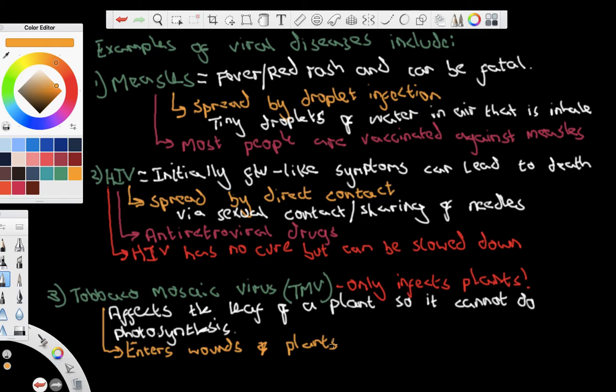and the way that we stop it spreading is we can remove infected parts of the plant so that it doesn't spread. So we can say remove infected plant material.